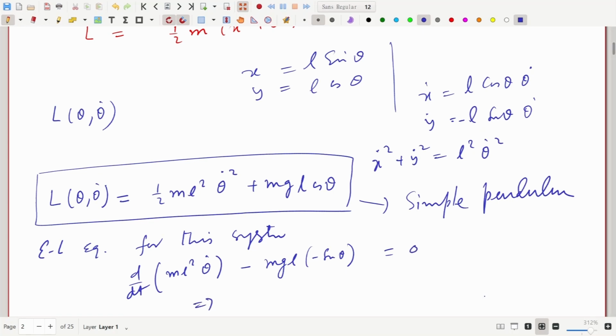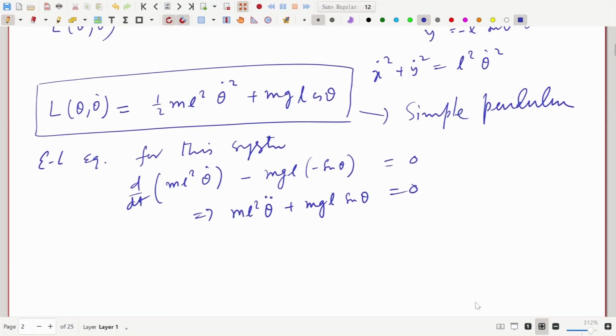So this implies mL²θ̈ + mgL sin θ = 0. So this will be the equation of motion.